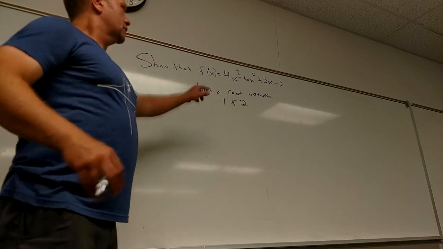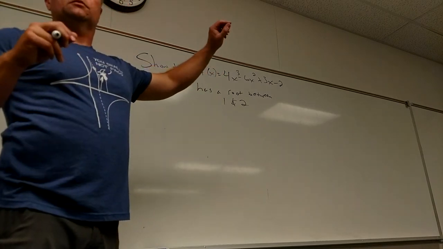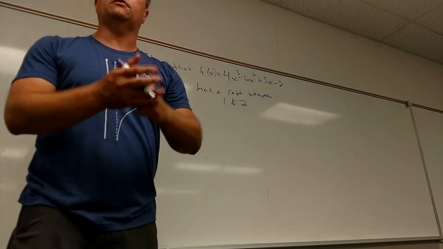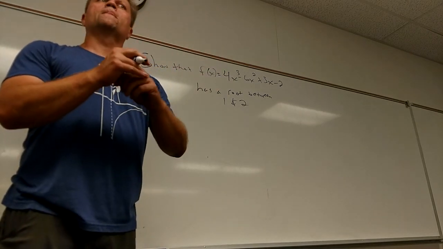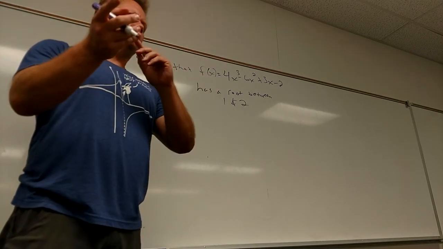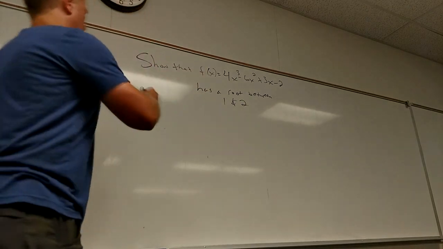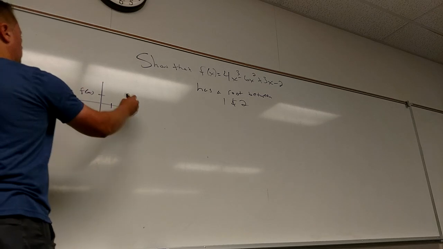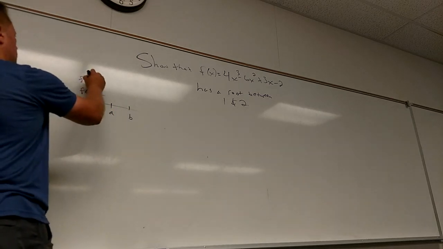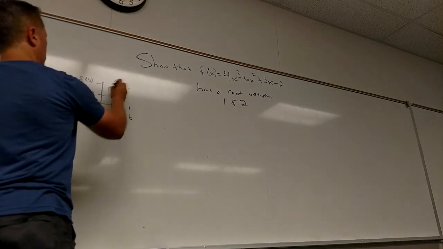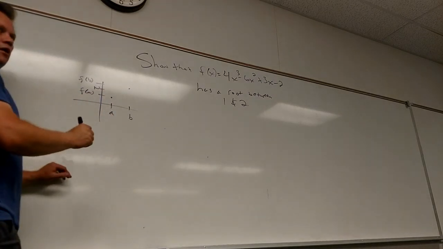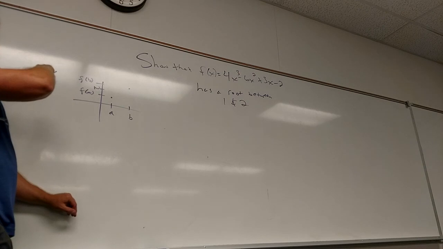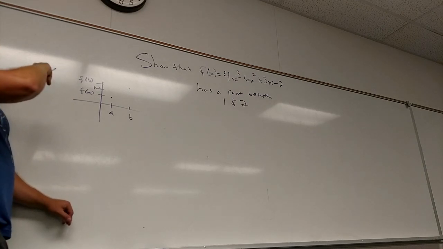Show that that function has a root between 1 and 2. This is obviously, hopefully, involved in the intermediate value theorem somehow. The intermediate value theorem is the one that said if you have an output here and an output here of a continuous function, and there's some n in between there, is it possible for that not to be an output of this continuous function?